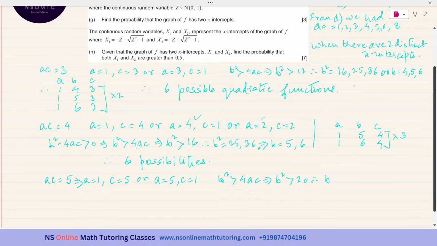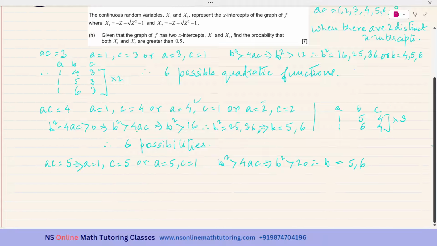Therefore, B squared can be 25 or 36, so B is equal to 5 and 6. You will be having 1, 5, 5, 1, 6, 5 and 5, 5, 1, 5, 6, 1. Okay, let me just write ABC: 1, 5, 5 and 1, 6, 5 multiplied by 2. So, 4 possibilities.